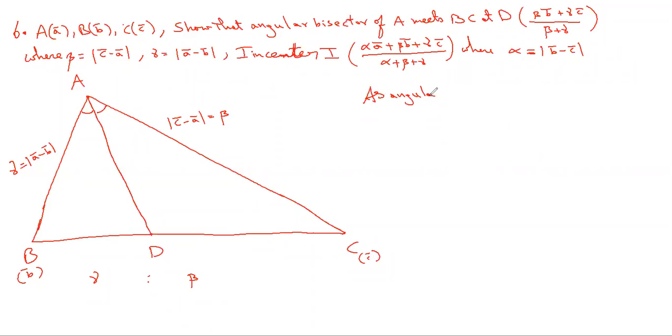So the angular bisector divides the base in the ratio of the other two sides.